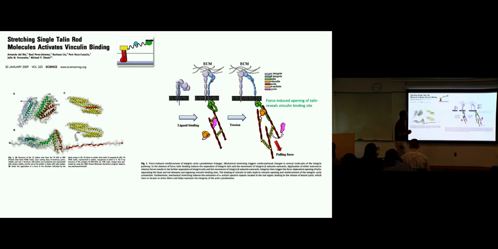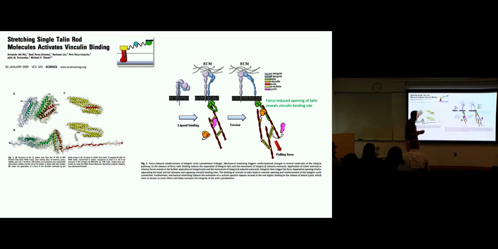So it's even more complicated than that. Here's another cartoon showing the extracellular matrix. Here are these integrins going through the membrane, and here's talin in green. What you see is that when there's mechanical load between the extracellular matrix and the actin, the actin pulls on that talin, and that talin opens up, allowing vinculin, which was cytoplasmic, to now bind to the talin.